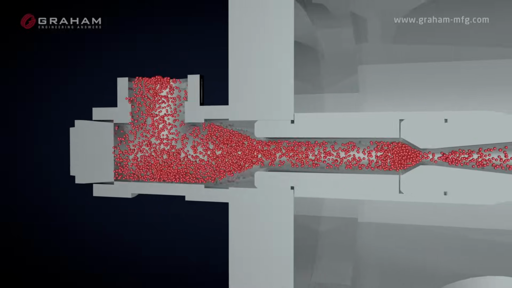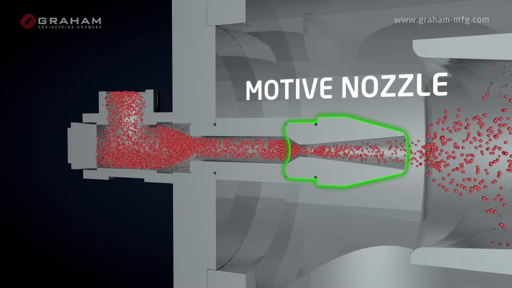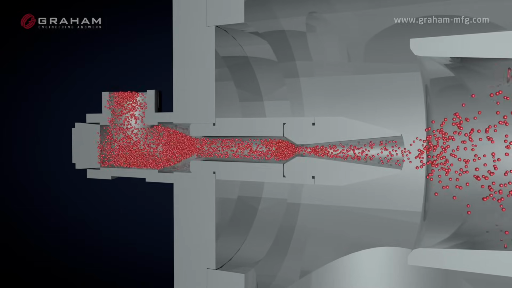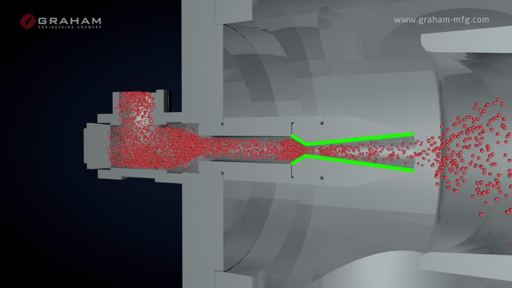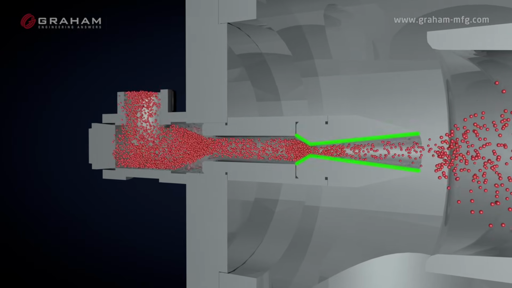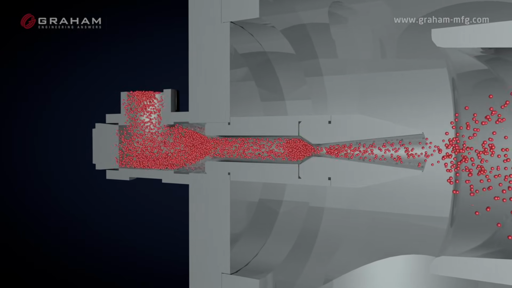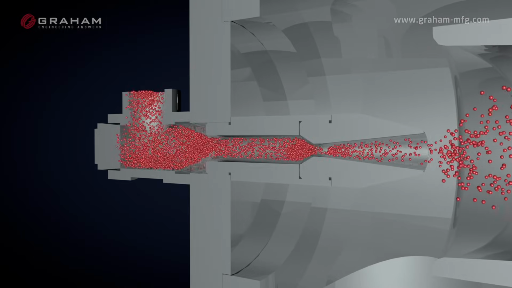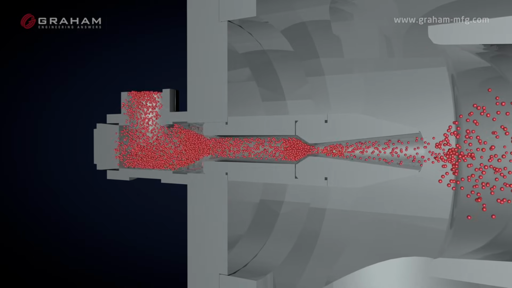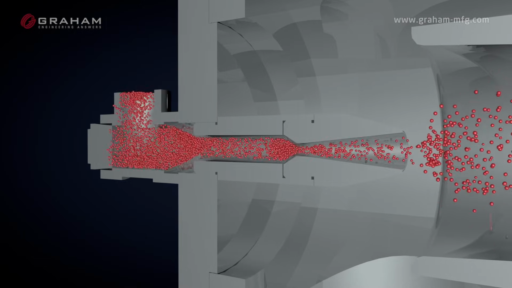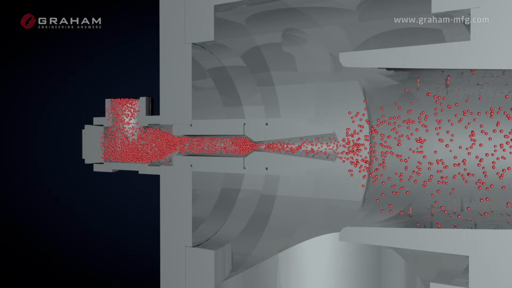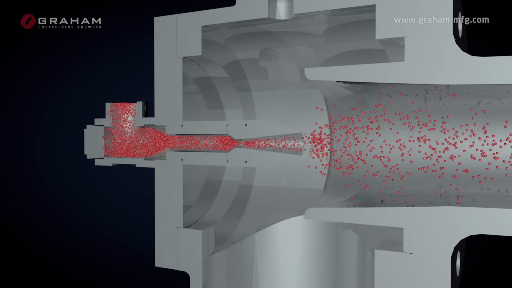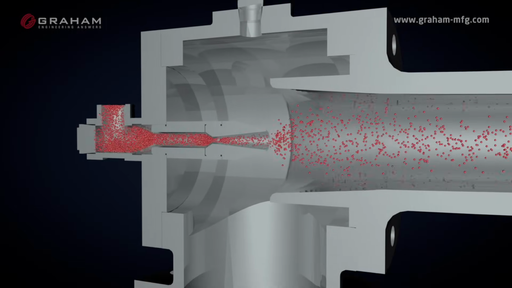The second component is the motive nozzle. Once the motive steam enters the motive chest, it expands adiabatically across the converging-diverging motive nozzle, converting pressure to velocity. The pressure differential across the motive nozzle accelerates the motive fluid as it rushes to the lower pressure region of the suction chamber. A well-designed converging-diverging nozzle efficiently converts high-pressure motive to a high-velocity stream, leaving the divergent section of the nozzle.